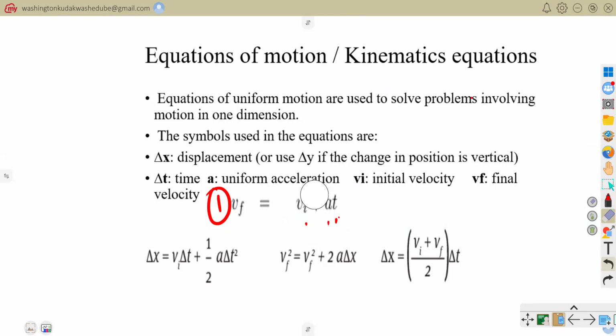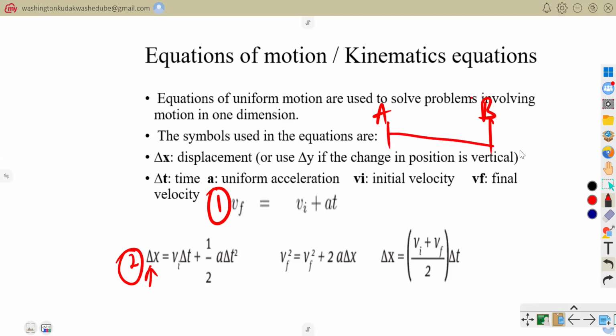And then we go to the second equation. The second equation says that if you want to calculate your total displacement, or the change in position from point A to point B, which is the straight line distance there, and you know your initial velocity, the time it took to change that position, as well as the acceleration, you can simply calculate your change in position by saying V initial times the time taken plus half of the acceleration times the time taken squared.